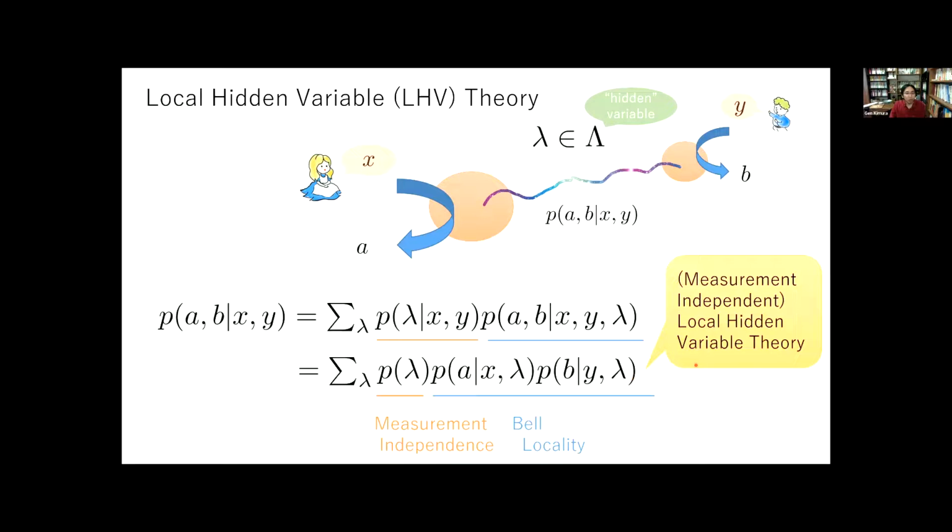And in the local hidden variable theory, or precisely with the measurement independence assumption, we also require that the hidden variables and the measurement context are independent, and also Bell's locality, which simply says that joint measurements are independent if we fix the hidden variable lambda. Okay. And as I told you, this is equivalent to the parameter independence and outcome independence.